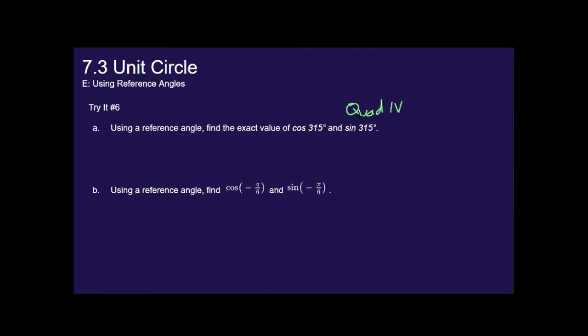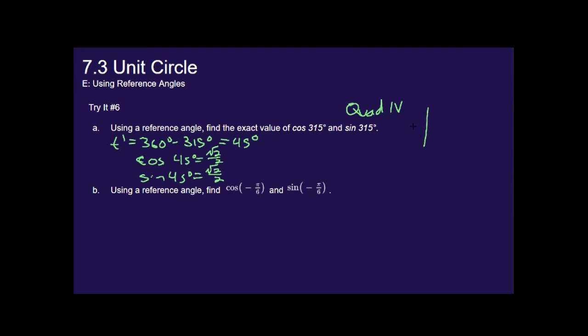Therefore, our t prime is going to be equal to 360 degrees minus 315 degrees, which is equal to 45 degrees. So we're going to take the cosine of 45 degrees, which is square root of 2 over 2, and the sine of 45 degrees is equal to square root of 2 over 2.